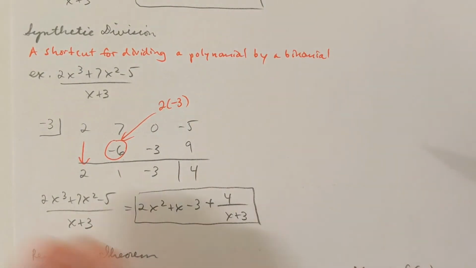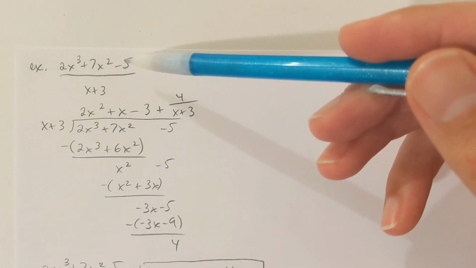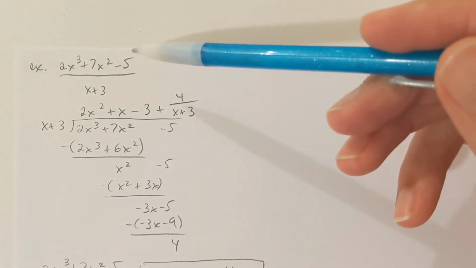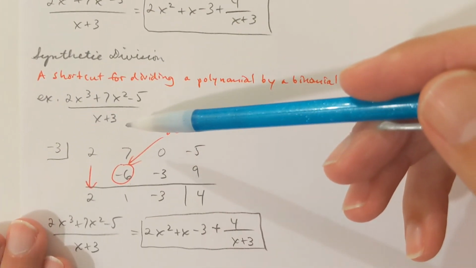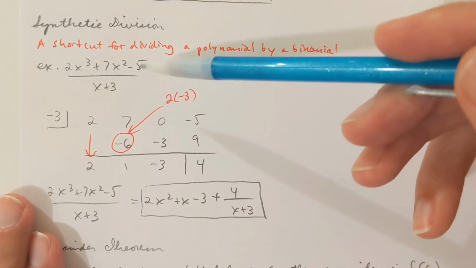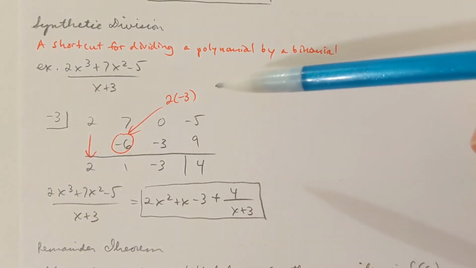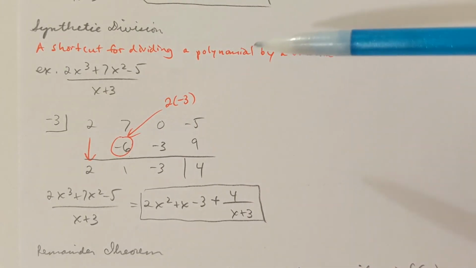Okay, suppose that we have the same problem here: 2x cubed plus 7x squared minus 5 divided by x plus 3. And I'll show you how to get the same answer, same result, but by using synthetic division.